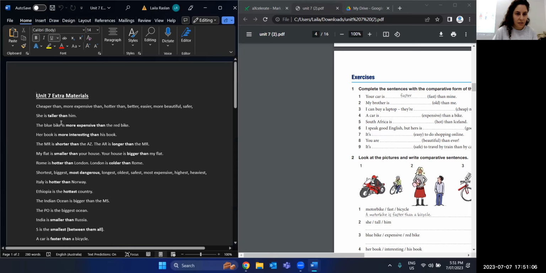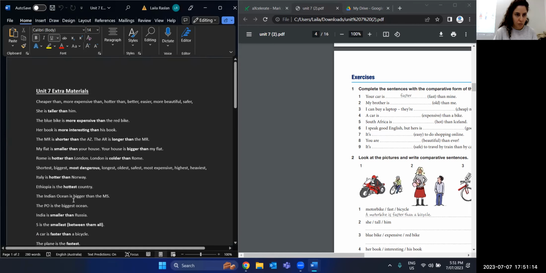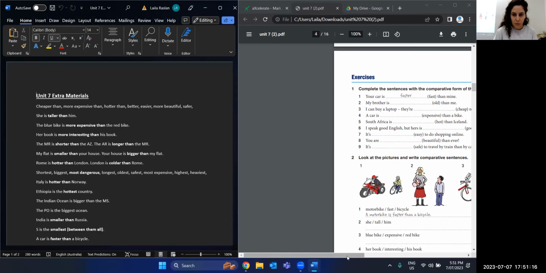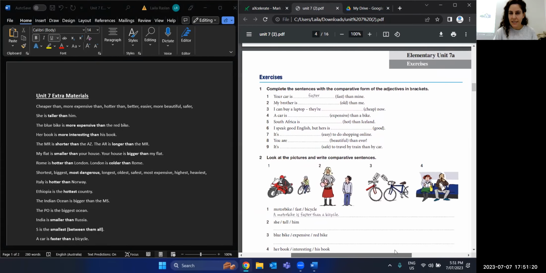Okay, so if I look at the first one, it says your car. So fast is just the adjective. That's how it is, fast. But when I want to use this word to compare, I have to put an ER to this adjective.